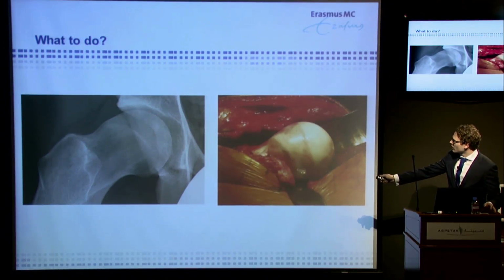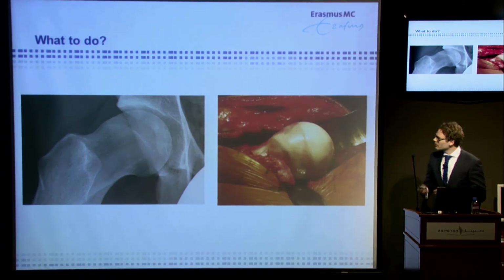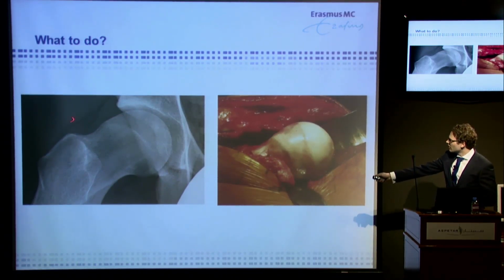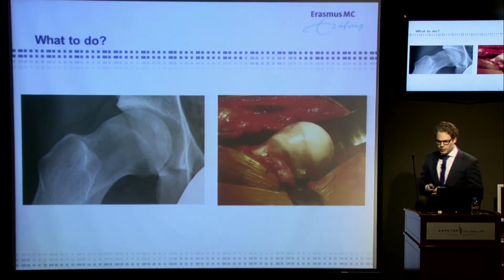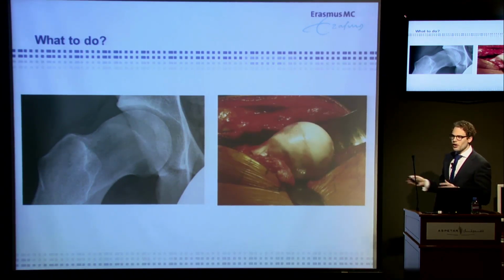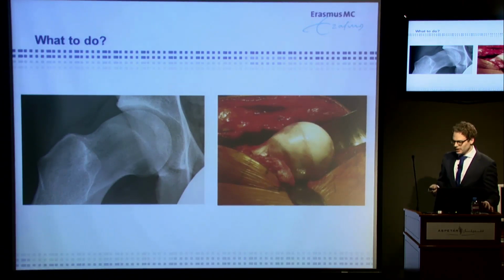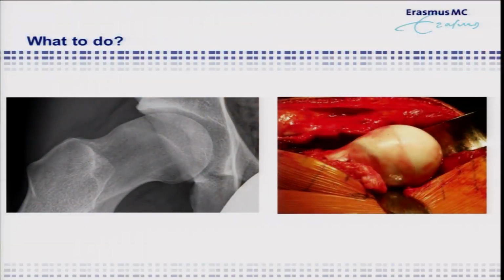This is the acetabulum. And the femoral head is supposed to be spherical. And you clearly see here that there's an extra bone formation, and here during the operation. So what would you do in this case? Would you do nothing? Would you provide treatment, either conservatively or surgically even?